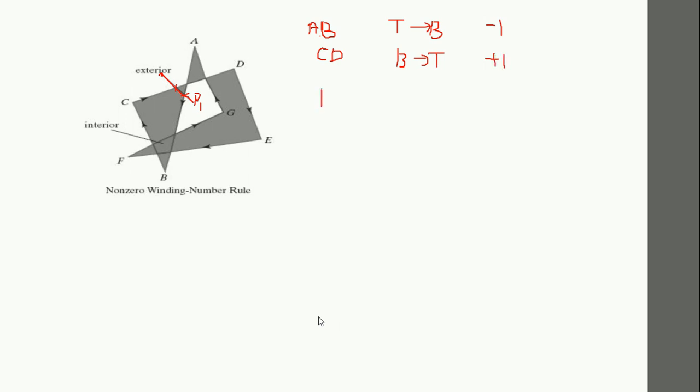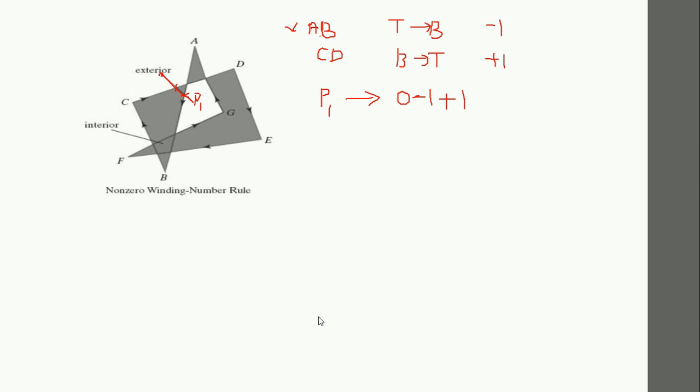Let me do the calculation for point P1. Initially the winding number for P1 is 0. When you add edge AB's winding number, it becomes -1, and again the line segment intersects at CD, which is +1.